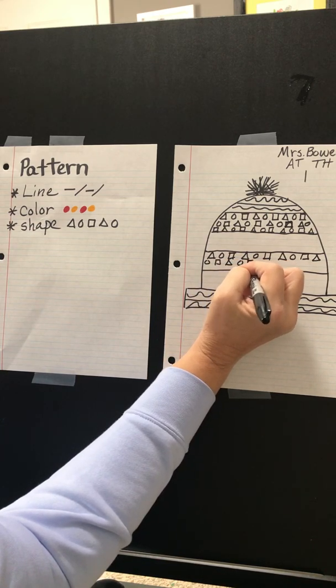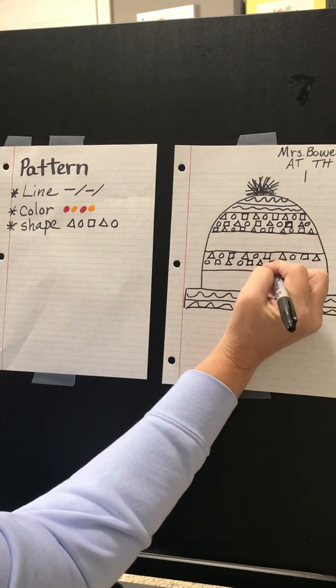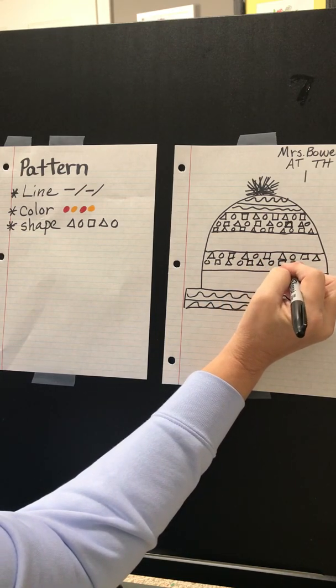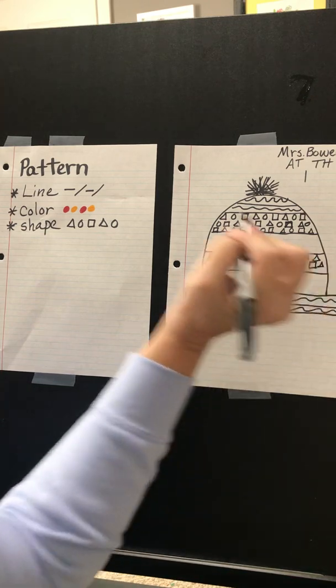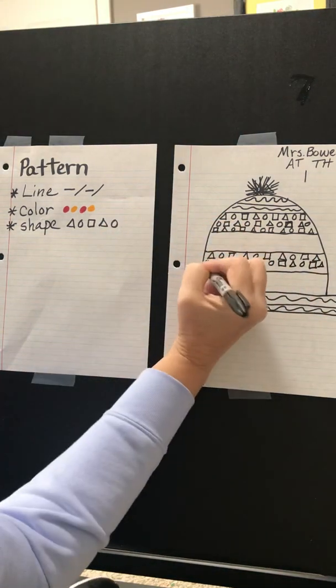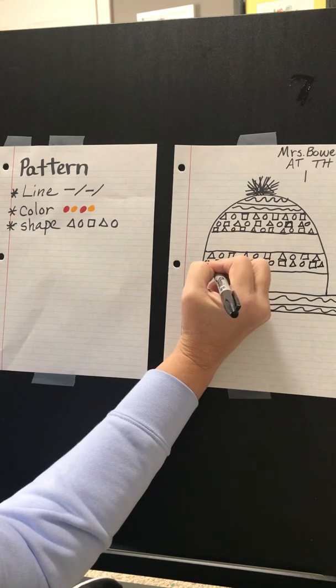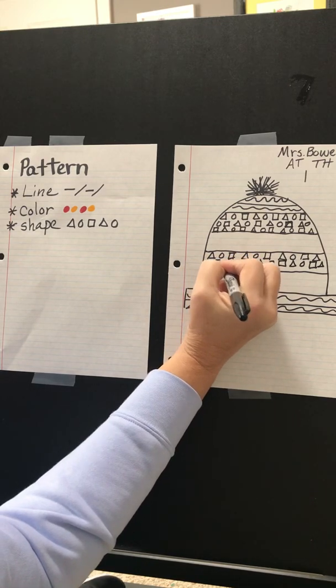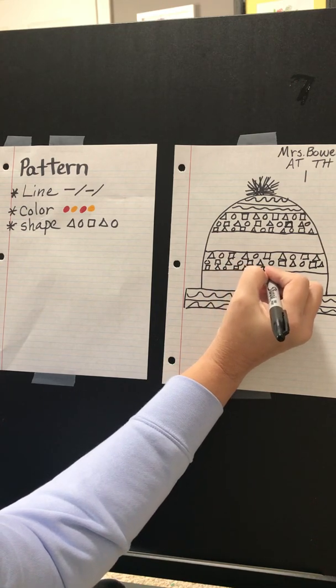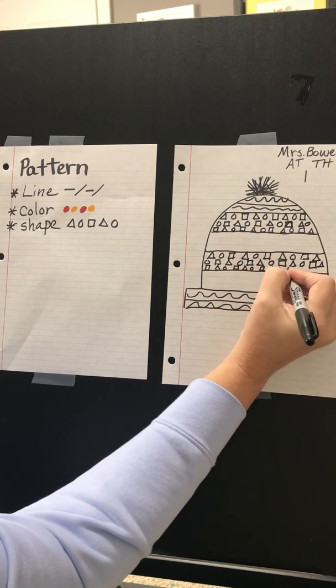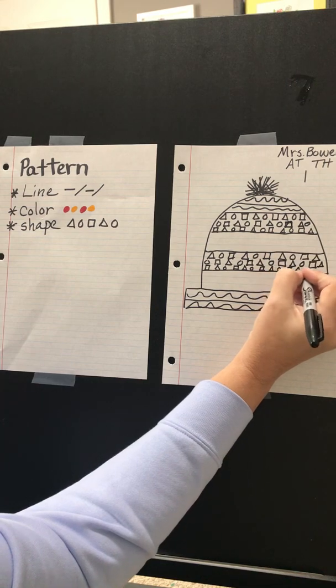Circle, square, triangle, circle, square, triangle. And this one will start with the square on the third row. Square, triangle, circle, and so on.